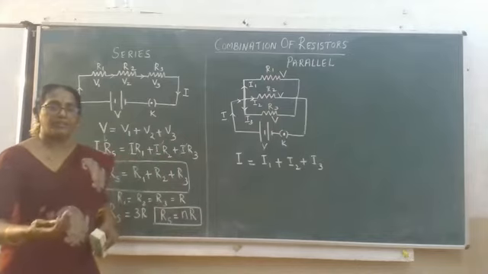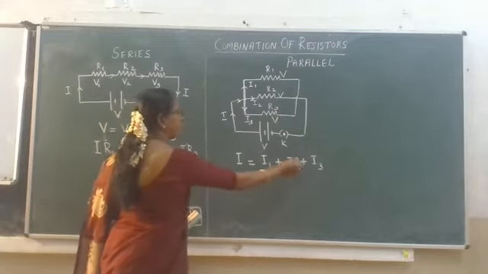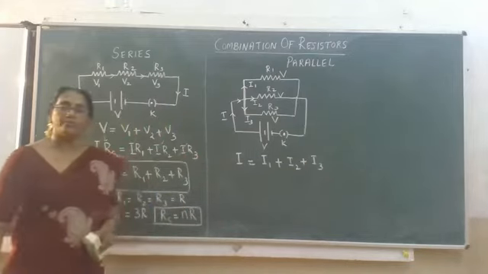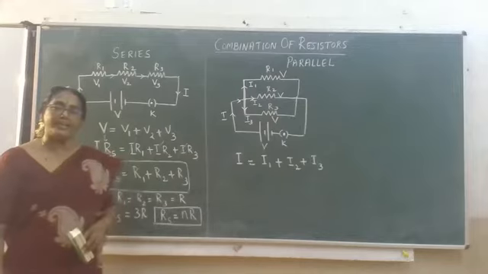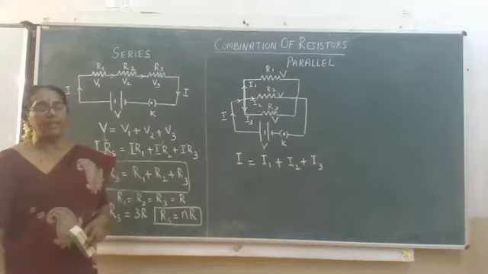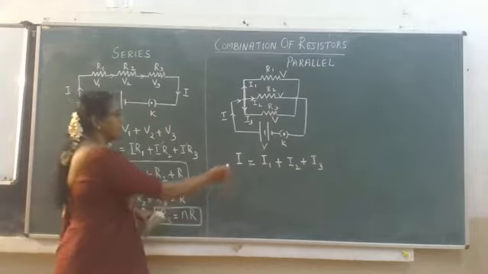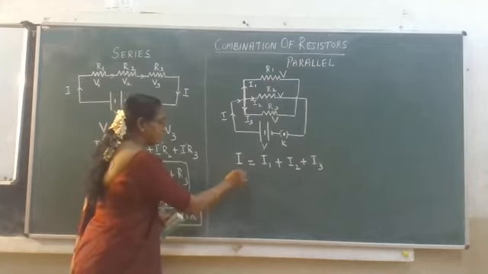What is our next step? Substitute for I, I1, I2, I3 from the Ohm's law equation. So from the Ohm's law equation, I is equal to V by R. So this total current in the circuit, you should replace with the total potential difference.